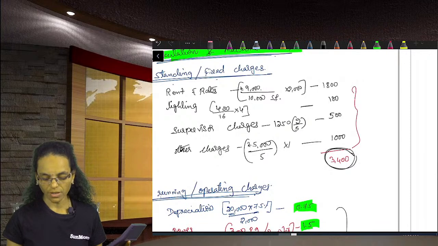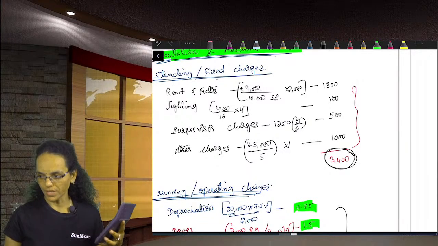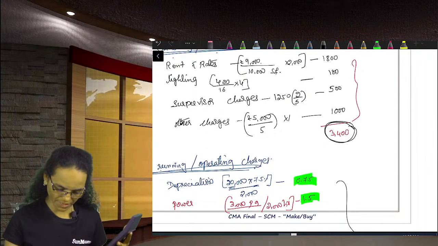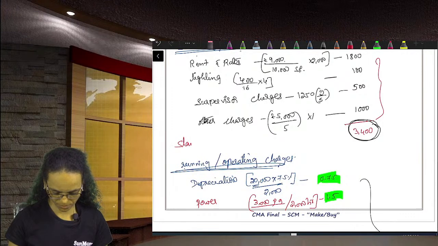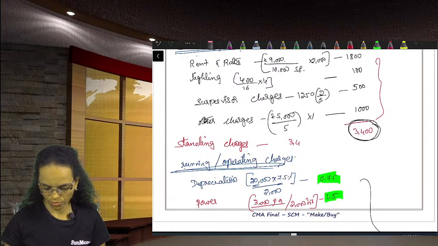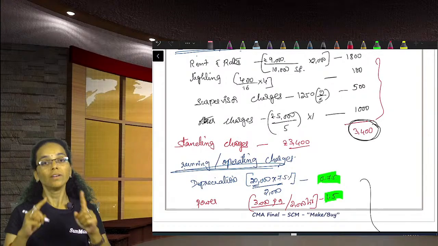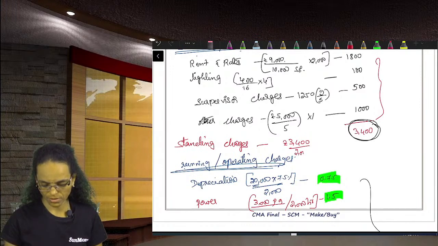In whole year, how many hours has the machine run? 2000 hours, right? So standing charges 3400 rupees we have incurred for running the machine throughout the year, 2000 hours.